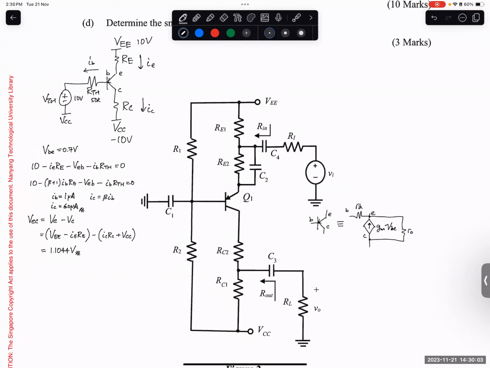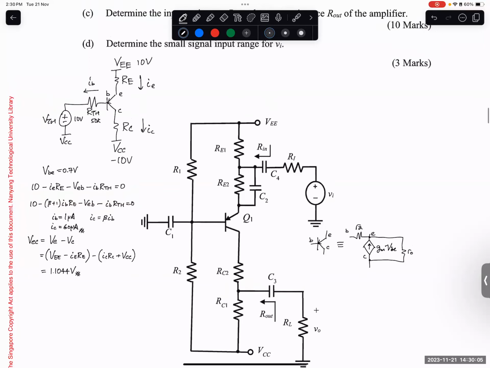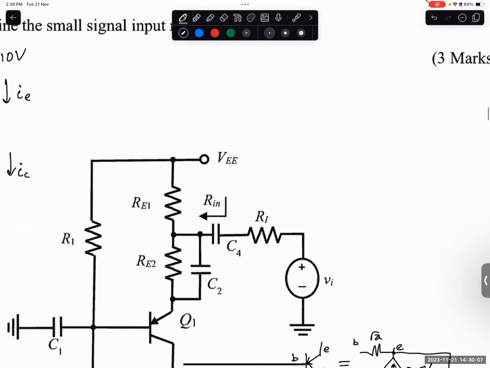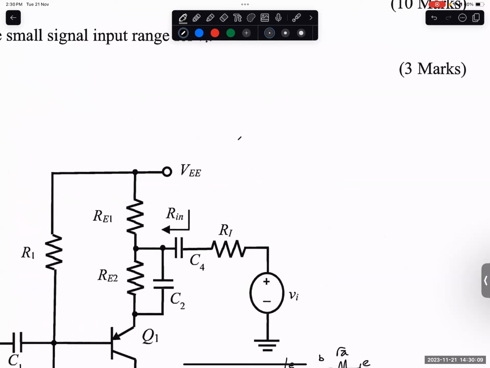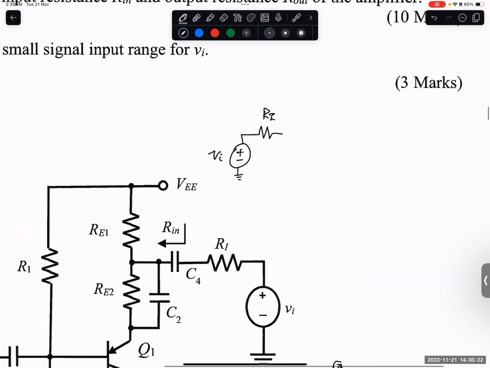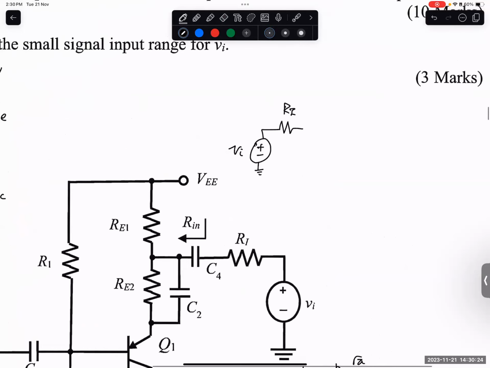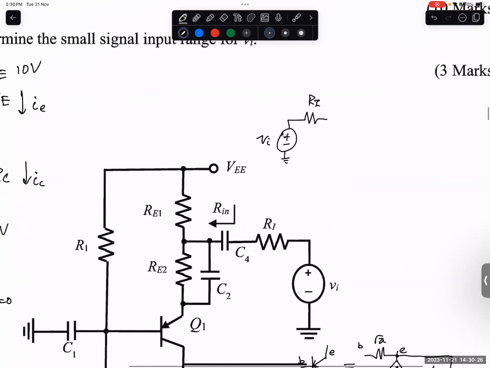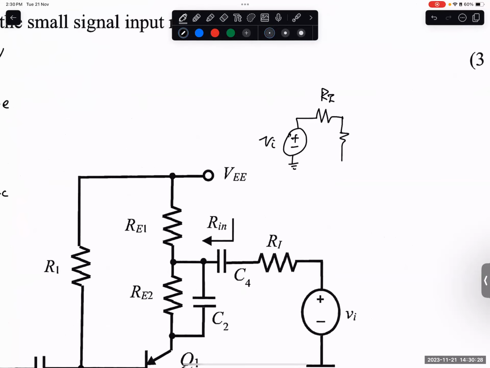Okay, let's start with the input side. I draw like that first. Plus minus, this is VI. There is this RI, correct? Ground this here, through the capacitor, and then there is RE1 to ground, correct?